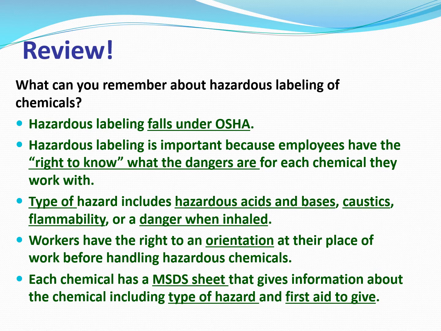We will need to remember that the type of hazards include hazardous acids and bases, caustics, flammability, and or dangers when inhaled, right? Workers have the right to an orientation at their place of work before handling any hazardous chemicals, and each chemical has an MSDS sheet that gives information about the chemical, including the type of hazard and whatever first aid needs to be given.